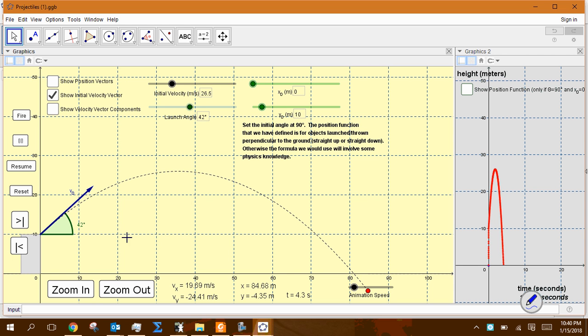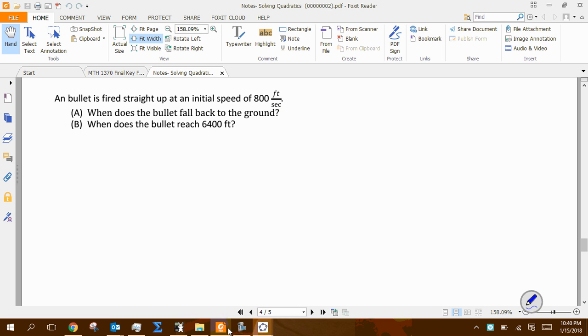This is called the horizontal and vertical displacement of that object. Now if you're in a physics class, it is a very complex problem to create the equation of that dotted line.